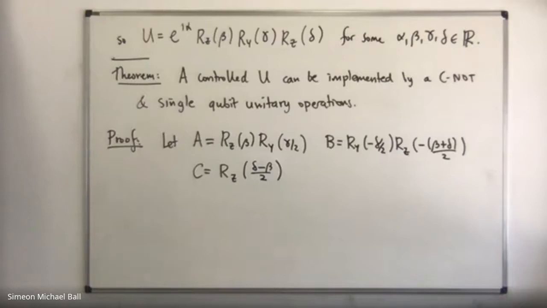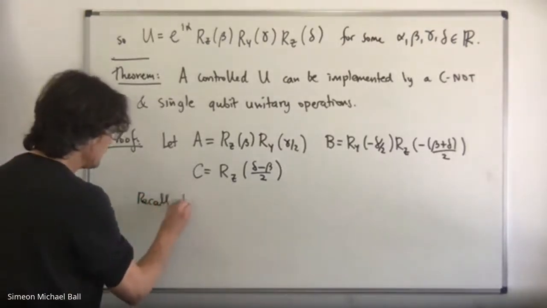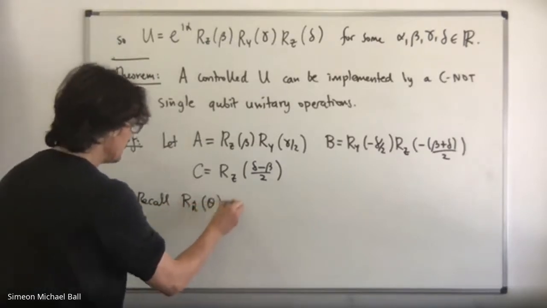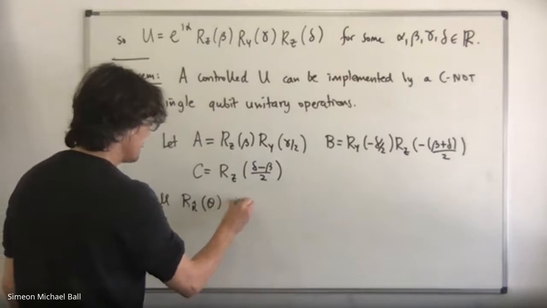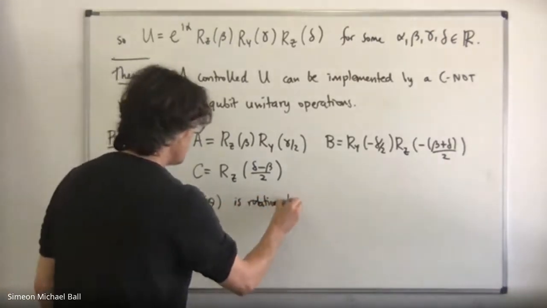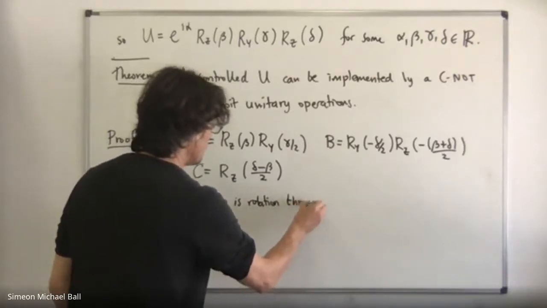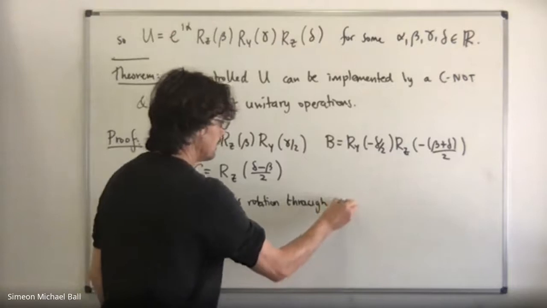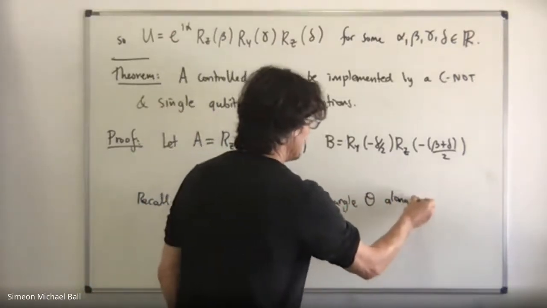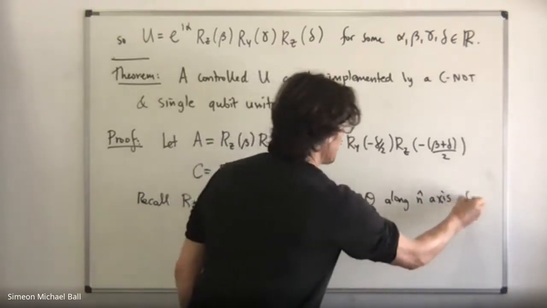Okay, and the first thing to recall, so recall that R is rotation through angle theta along the n-axis of the Bloch sphere.